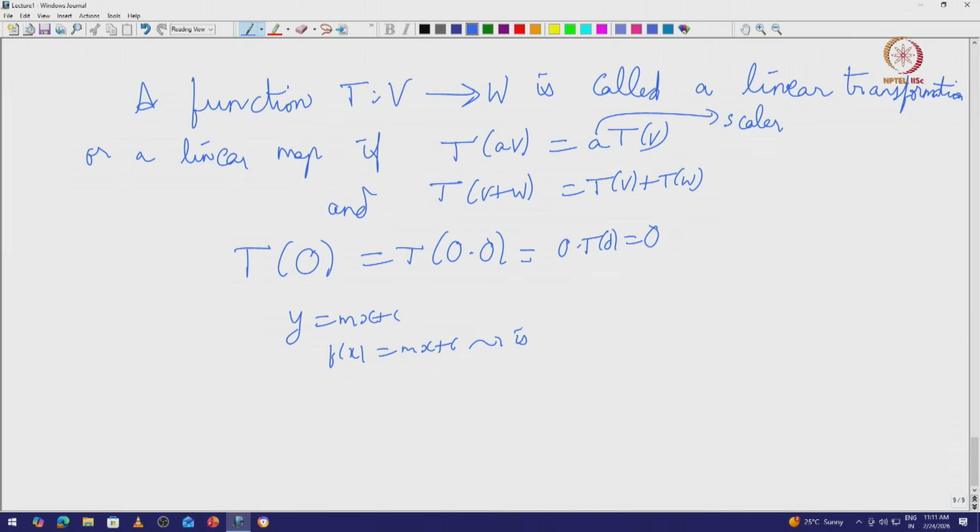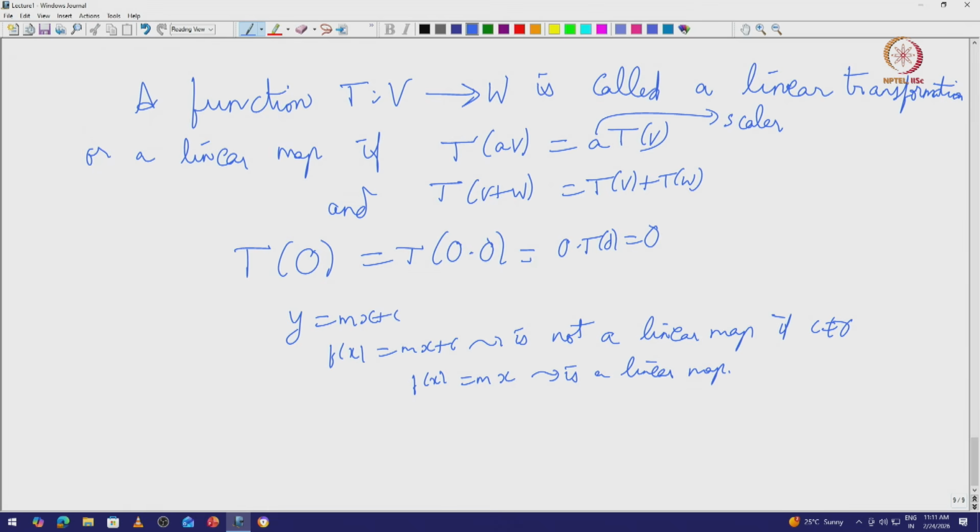It's not a linear map by our definition. What is a linear map is mx. This is a linear map if c is 0. Just a small but important distinction. Colloquially, we say that these things are linear, but by this definition, it's not a linear map.